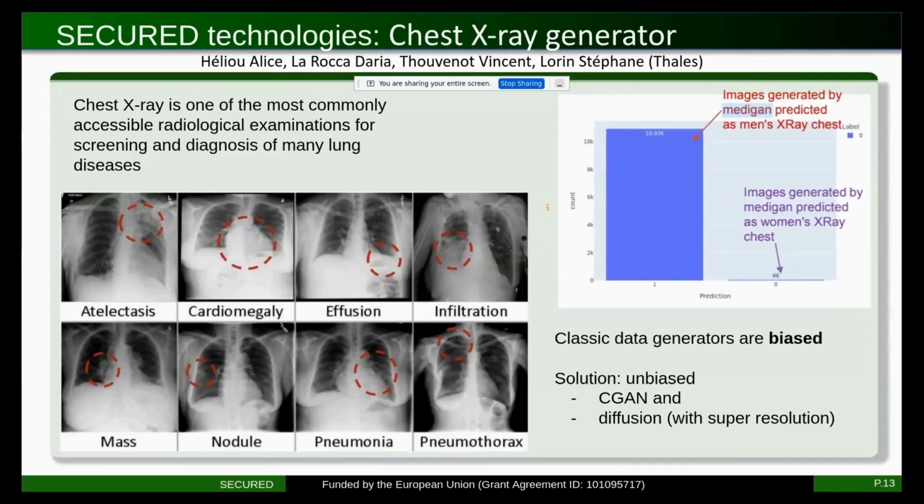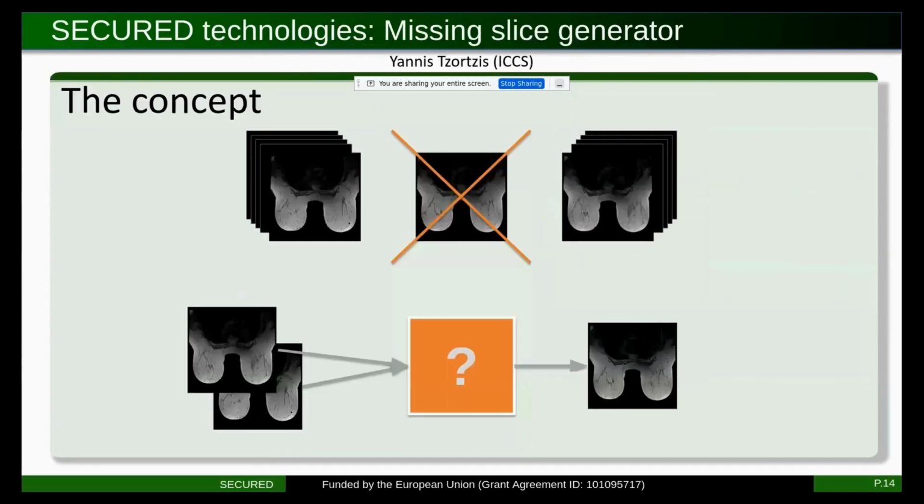So the practice and the educational examples should also be balanced, and that was solved by the Thales team. Besides the basic generator problem, they also solved the unbiasing problem.